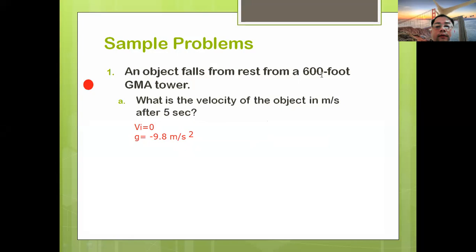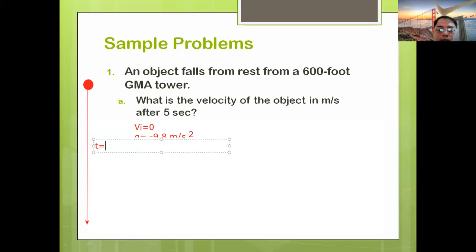Now, we want to find, so it is dropped from a certain height. Again, these are the conditions. So we want to know after a time of 5 seconds whether it reaches the ground or not yet. So what if we determine the velocity of the body?